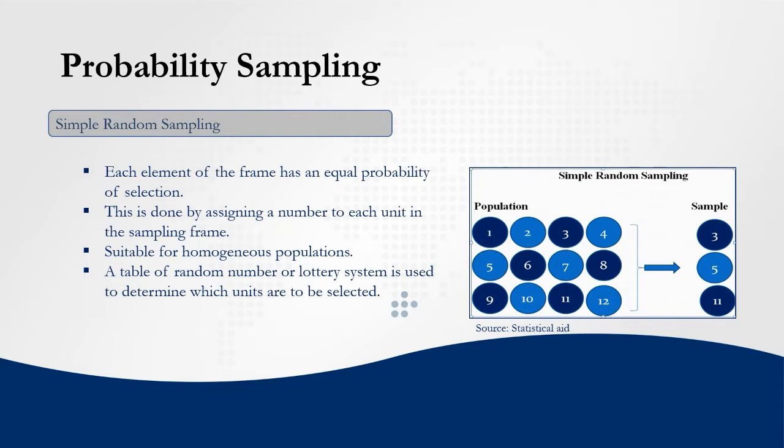All the pieces that you put in the jar have an equal chance of being selected, unless when you put them in, certain ones were clustered in one area.